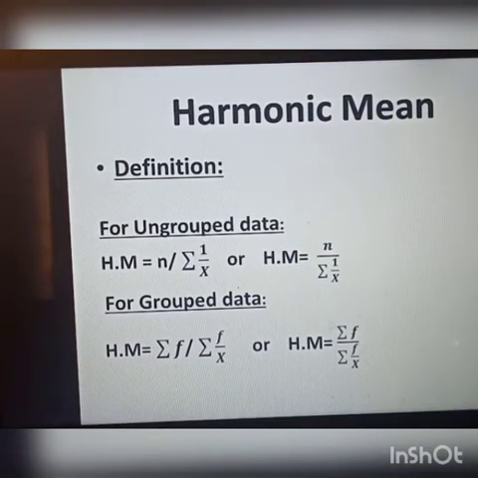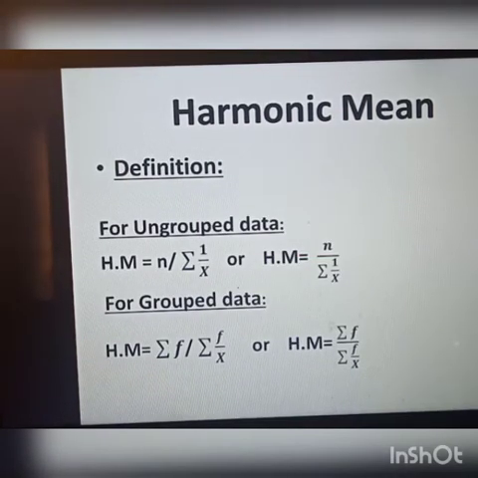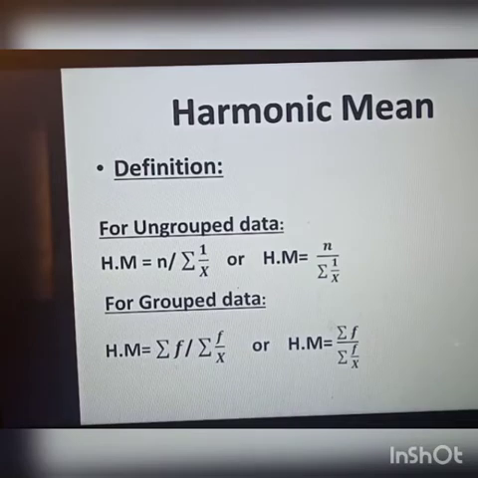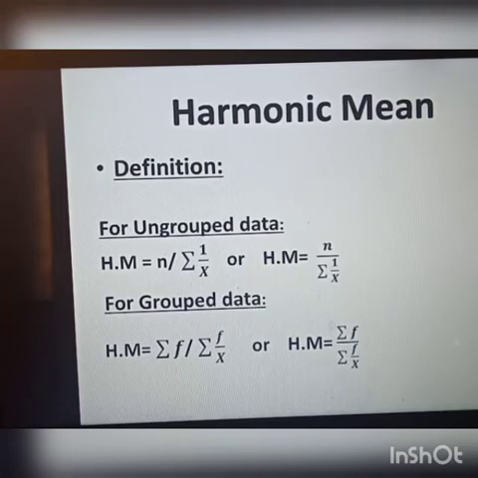And finally, the formulas for calculating harmonic mean. Ignore this definition written here. We are just to see the formulas here. For ungrouped data, harmonic mean is equal to small n divided by the sum of the reciprocal of the data values that are given.